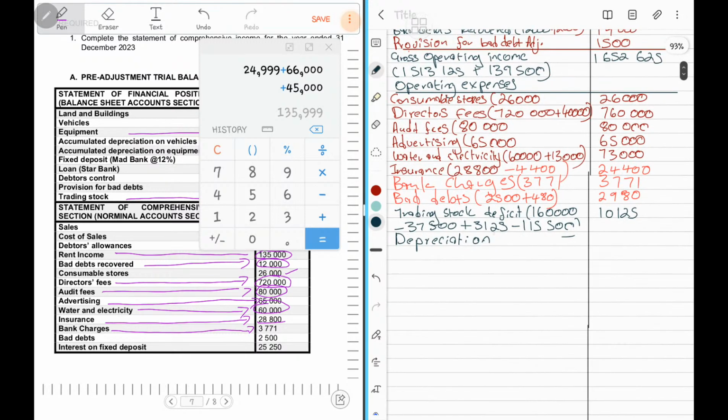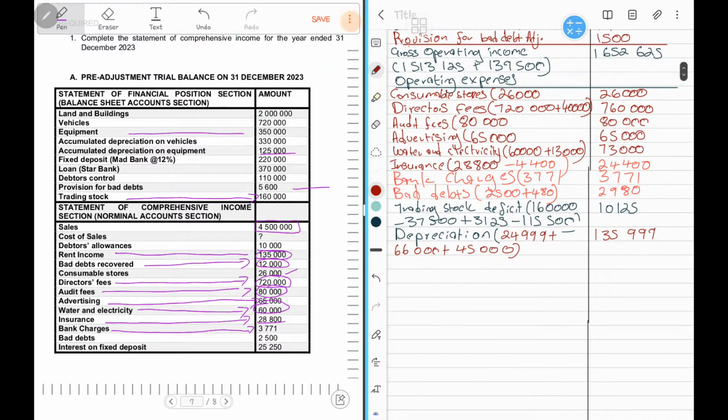So it will be 24,999 plus 66,000 plus 45,000. That gives us 135,999. So this will be our depreciation expense for the year.